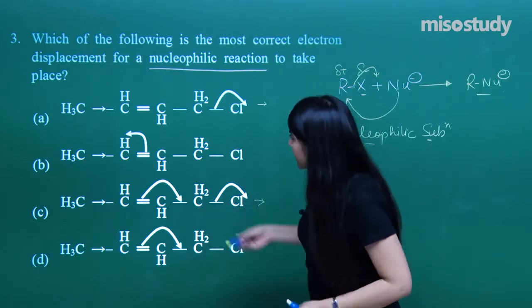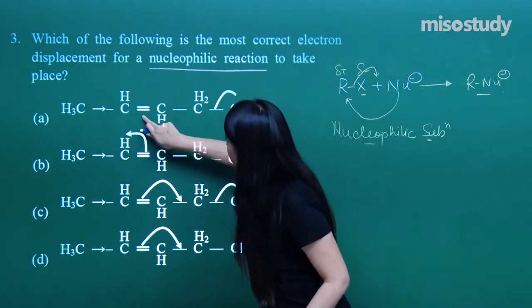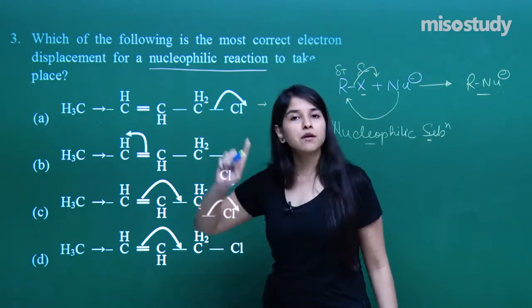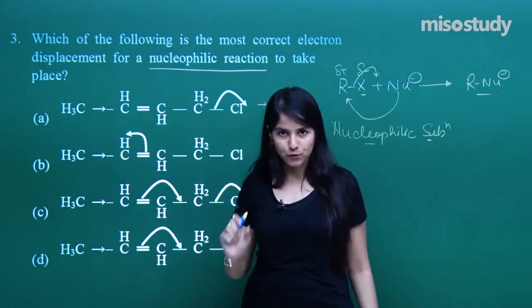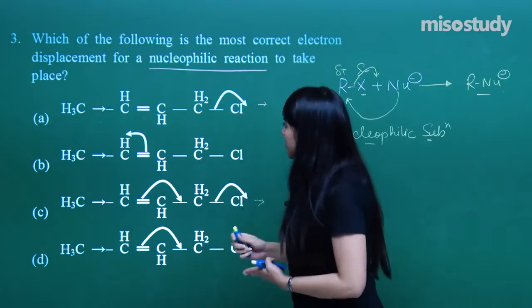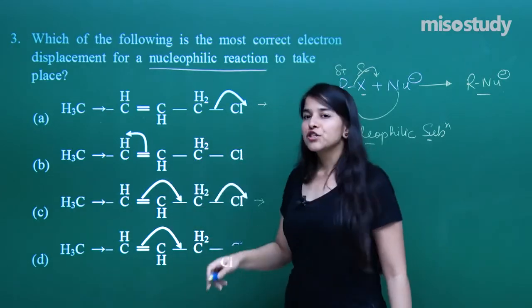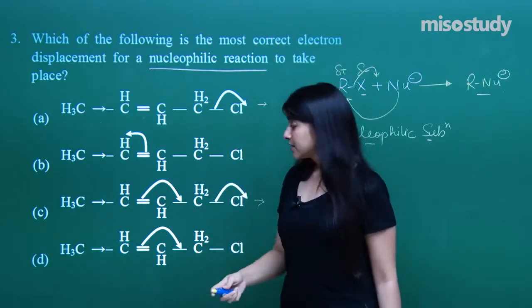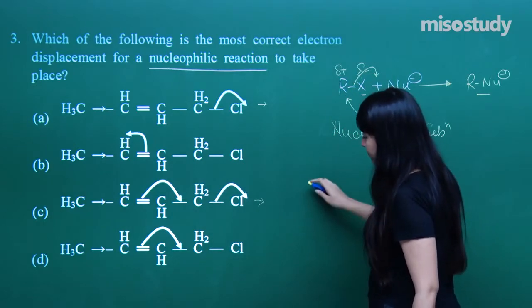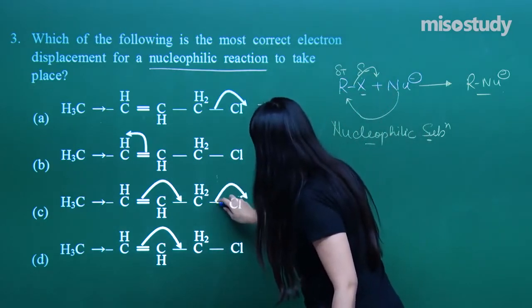But what is actually present in the compound is, you can see very well, a double bond. So this double bond is going to play a role. What kind of a role? There will be the formation of a cation. How will a cation be formed? First, this chlorine will go off.